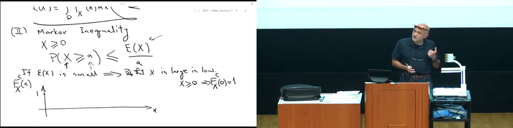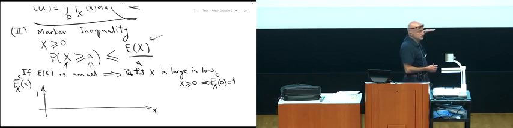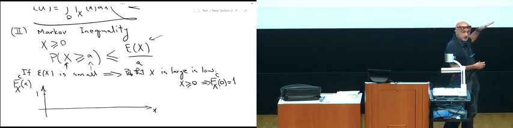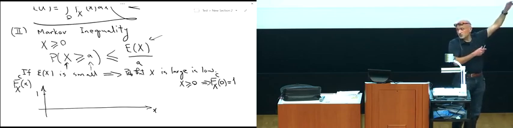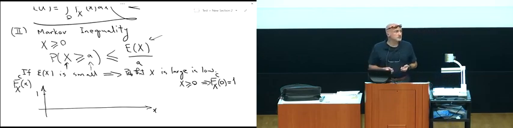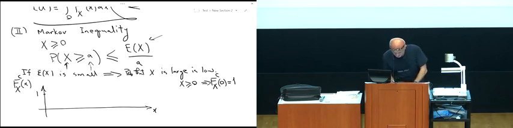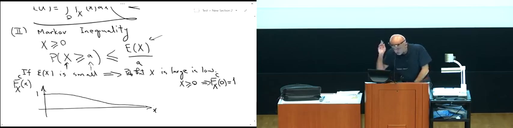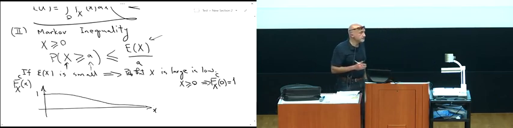The CDF, we said, was non-decreasing, so as I go to the right it starts from 0 and increases to 1. So what do you think the complementary CDF will do? It's non-increasing. Very good. So it's going to have a shape like that and approach 0 as I go to infinity.